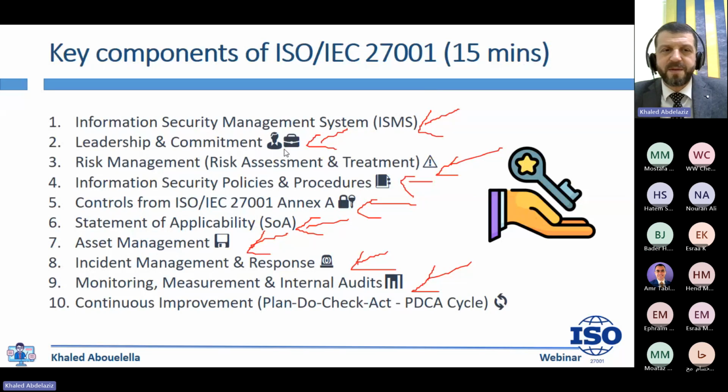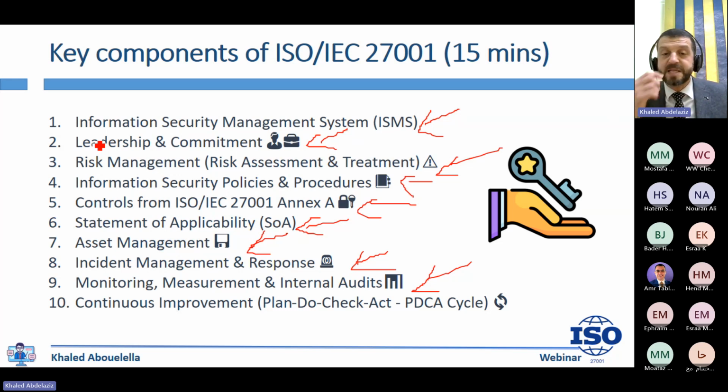Thank you very much, Badr. This is a very important question because, as you mentioned, this is a journey. Before you apply for the certification, you need to ensure the key components in your organization. You need to have a system before calling for the certification.